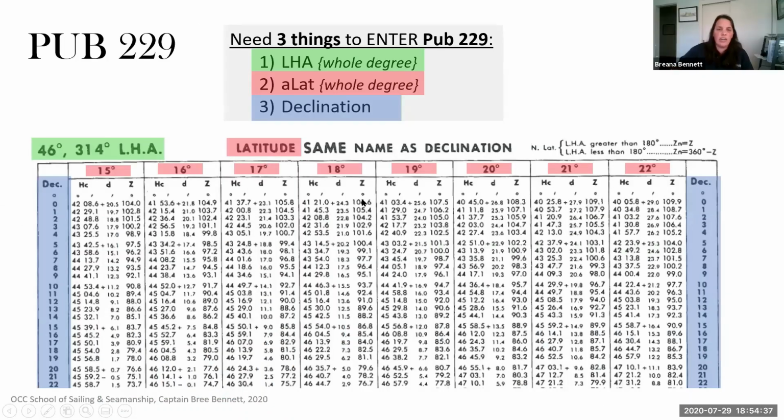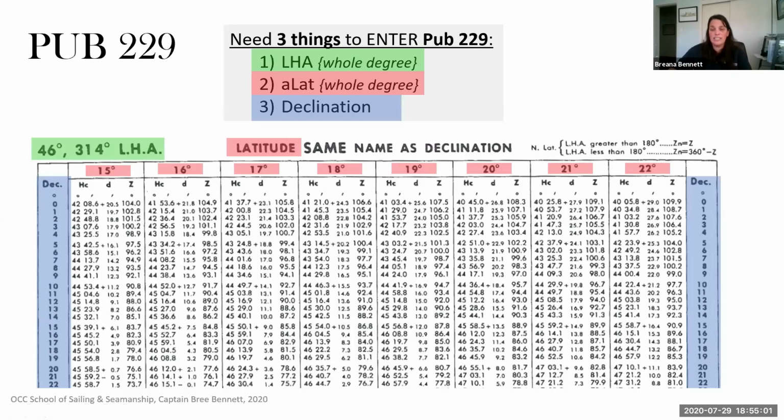Okay, so on our Pub 229 page, we have LHA on the page, then we have latitude at the top, and then our declination is on the side. If your declination is the same as your latitude, you're on the left side.